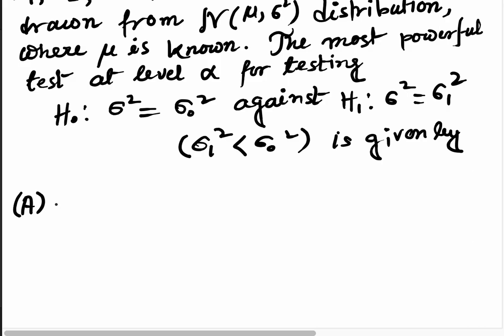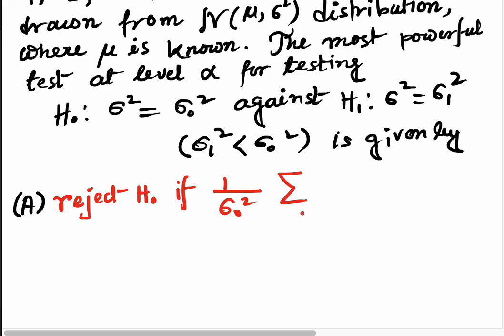A: reject H0 if 1 by sigma 0 square sum of xi minus mu square is greater than or equal to chi square n minus 1, alpha.